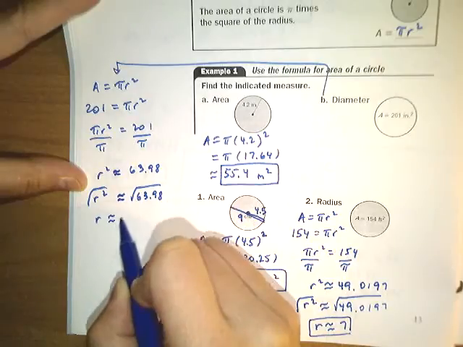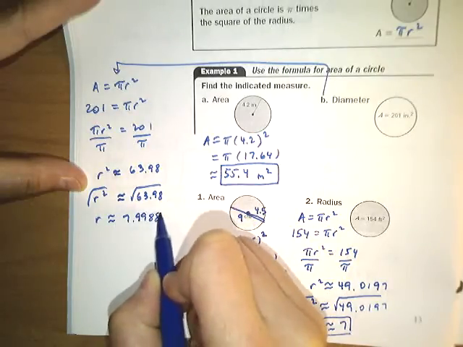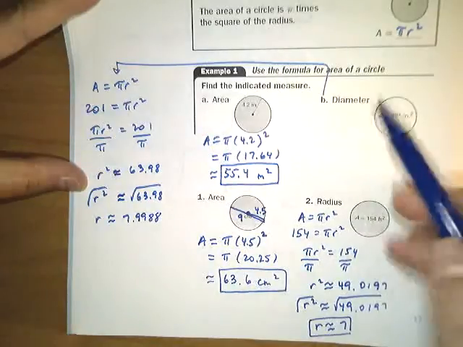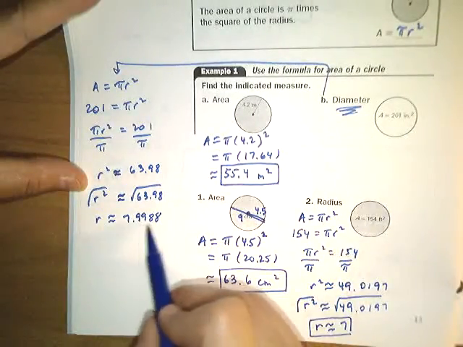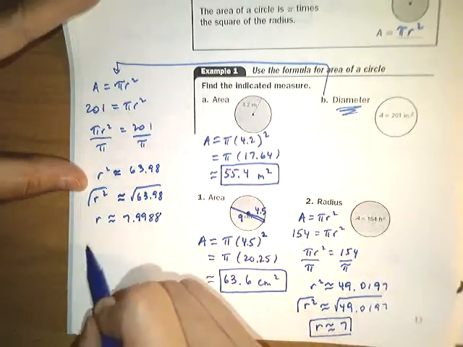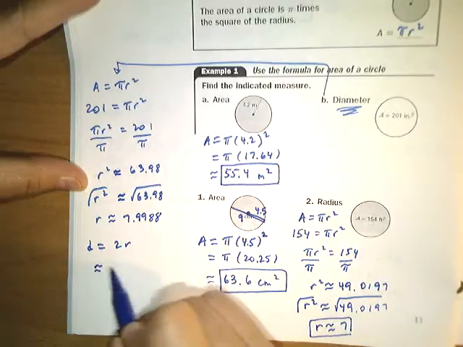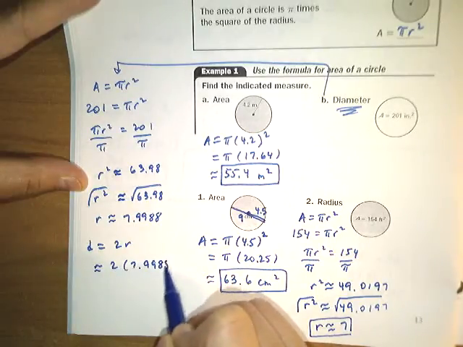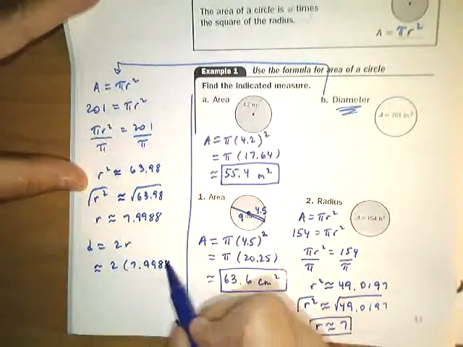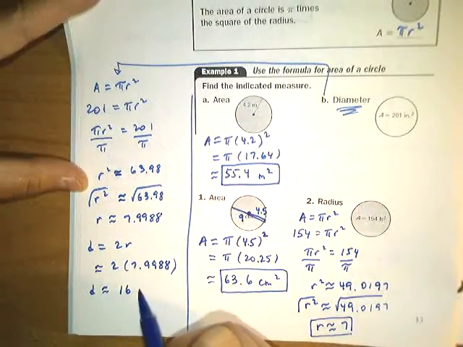So the radius is approximately 7.9988. So we want to find the diameter. So if the radius is 7.9988, then the diameter would be twice the radius. So it's going to be doubling the 7.9988 to give us a diameter of approximately 16 inches.